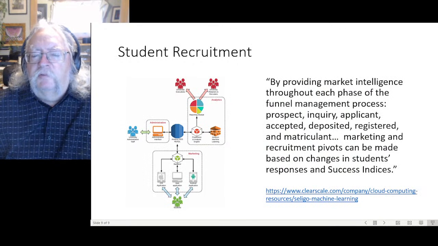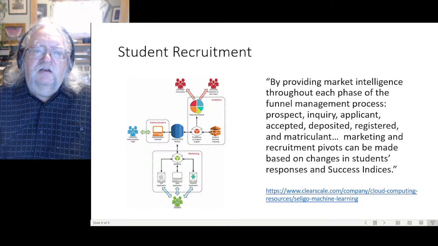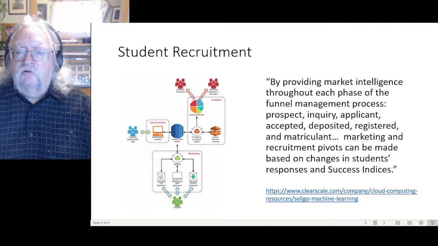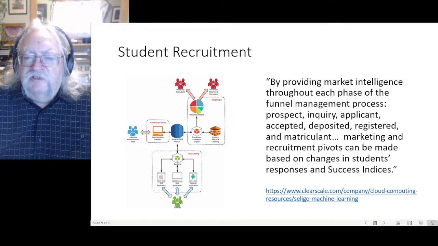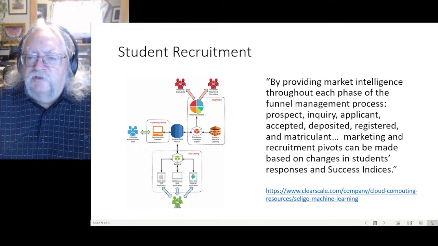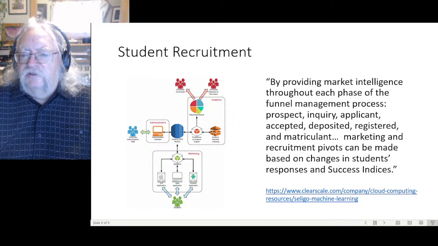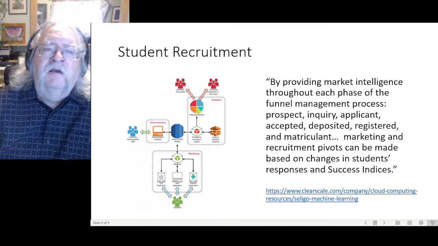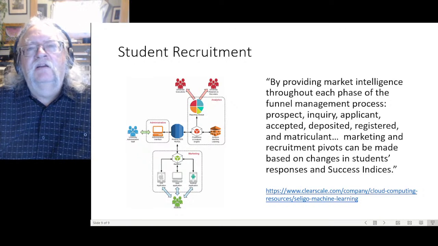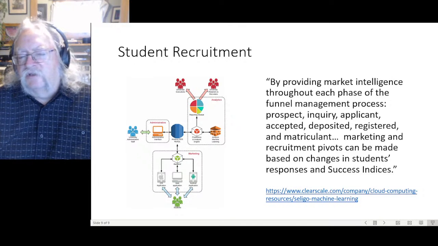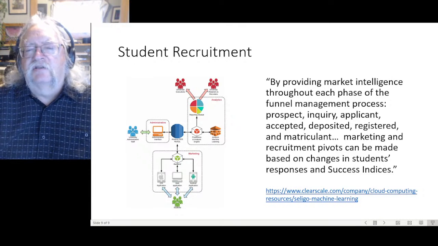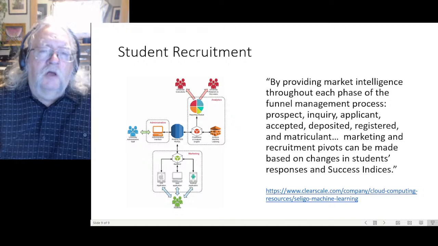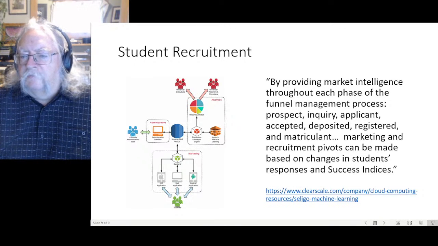The same sort of approach can be used outside the classroom and outside the learning environment entirely for such purposes as student recruitment. Here we have an example of a product where the marketing brochure says that by providing market intelligence throughout each phase of the funnel management process, the funnel that is being the funnel of prospective incoming students. It's wide at the top, which is all the possible prospects that you might gain, and narrow at the bottom, those prospects who are actually most likely to attend your institution.